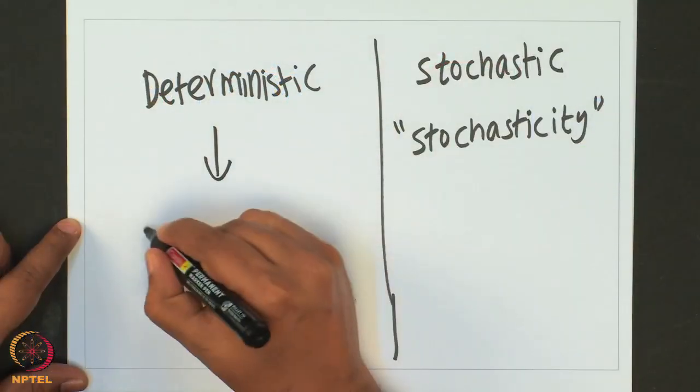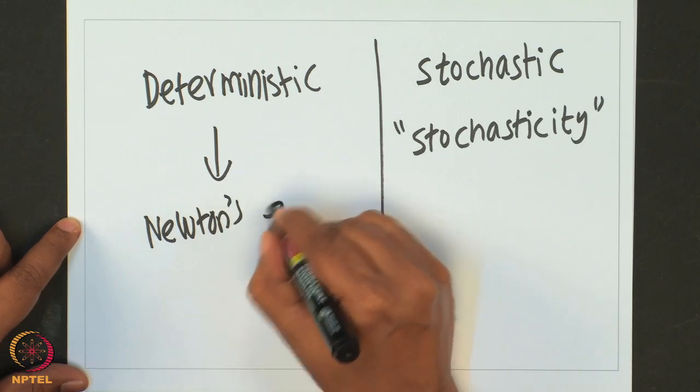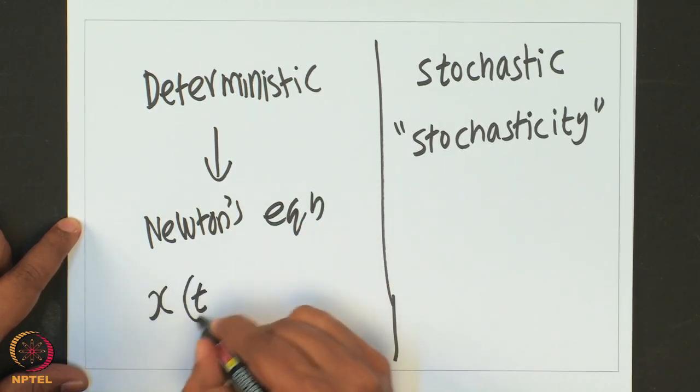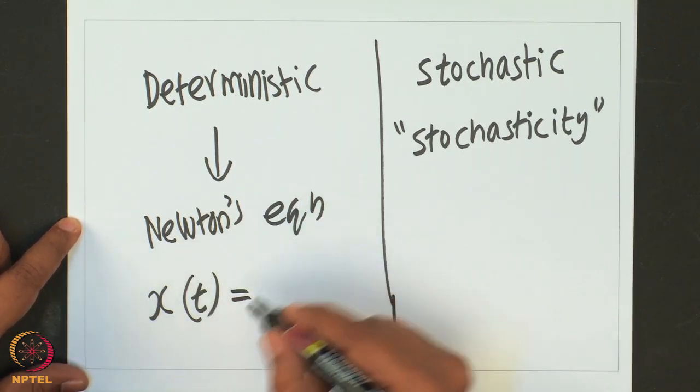On the other hand, many things in biology may not be like this. If you solve Newton's equations, the answer you get, for example position as a function of time, is a deterministic outcome.